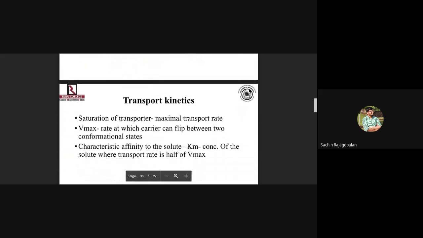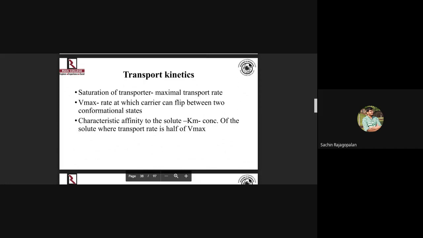Okay. Now, just like enzyme substrate interaction always involves kinetics, you also have transport kinetics. Please remember this. Whenever you talk about the rate of transport, there is this aspect of how fast the transport is taking place. Okay.